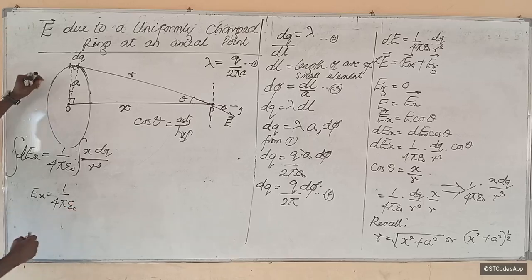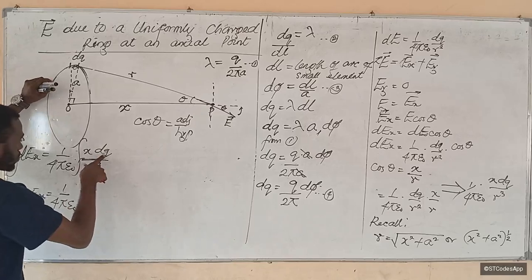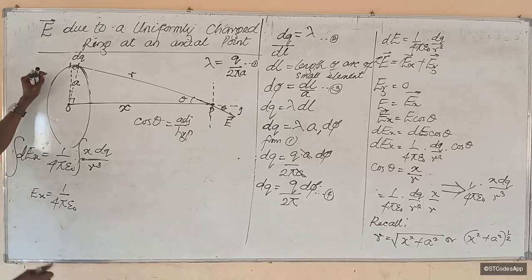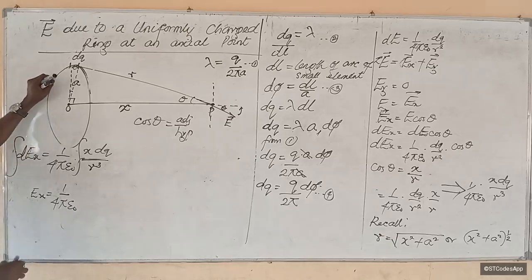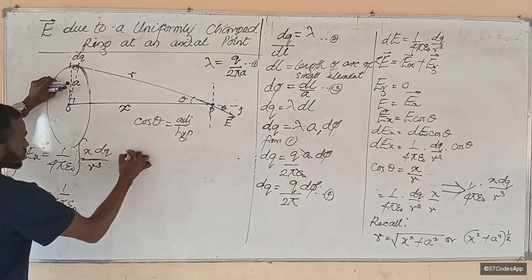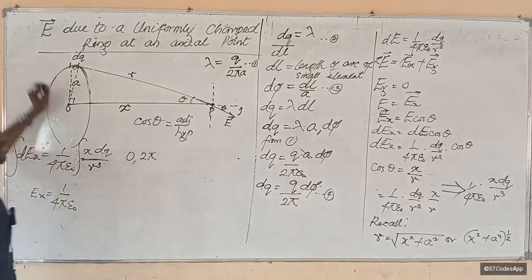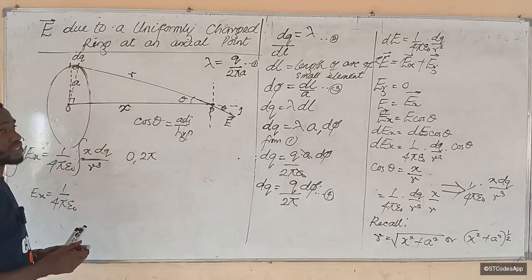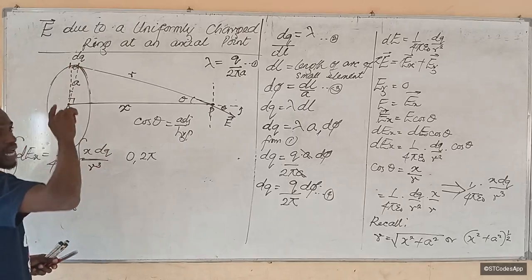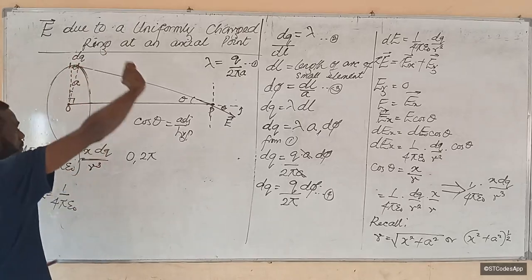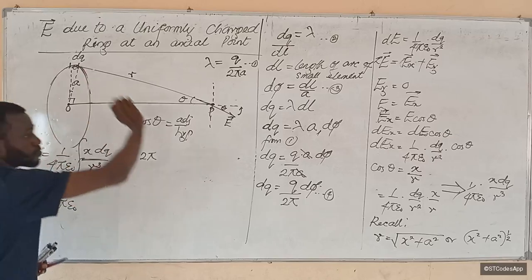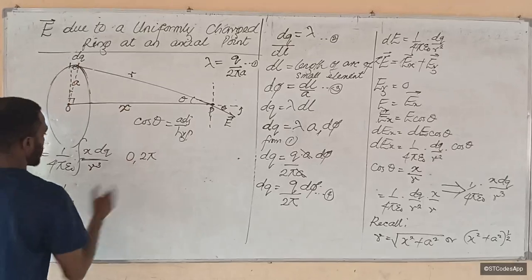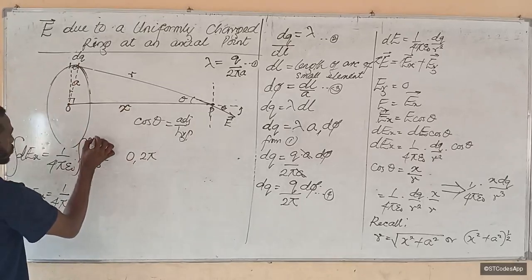Then this guy, dq, we are going to be integrating, it's not an indefinite integral. It's a definite integral. We are going to be integrating between 0 and 2 pi. Now, why are we integrating between 0 and 2 pi? If our small element, dq, starts at a particular point, that point will be 0. By the time we integrate around the circle, we would have gone 2 pi, that is 360 degrees, yeah? So that's why we're integrating between 0 and 2 pi.